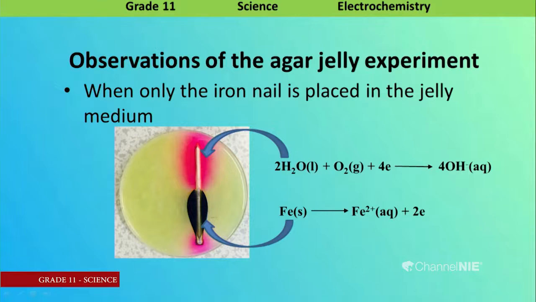The dark blue color indicates that an oxidation reaction has taken place and iron atoms are oxidized to form ferrous ions.